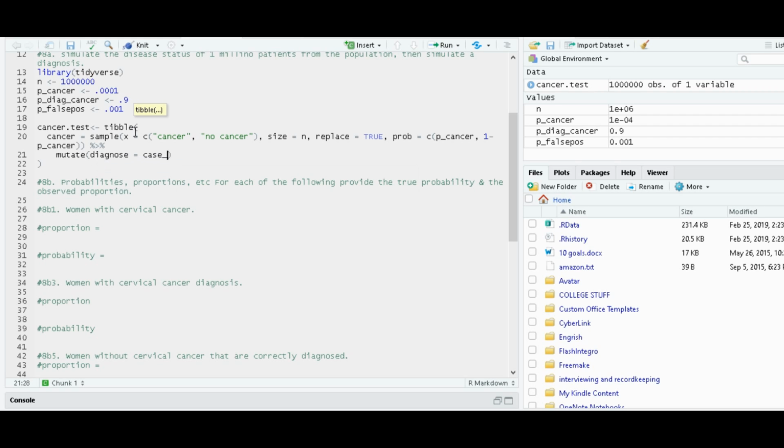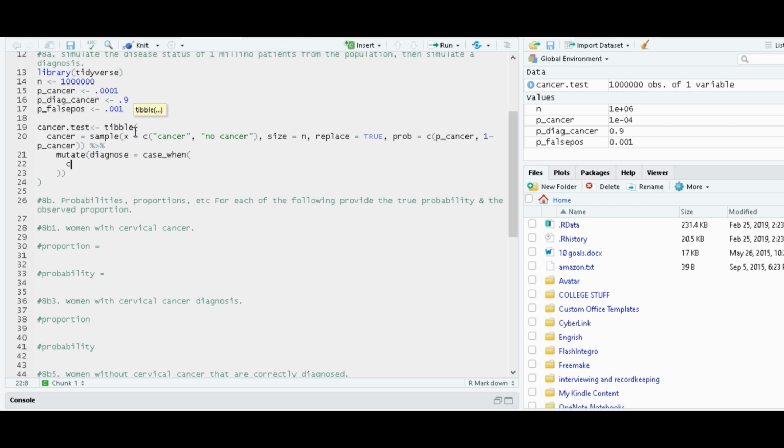For the diagnosis, you can either get diagnosed if you have cancer and then if you don't have cancer. So this is going to be equal to cancer, and you'll be diagnosed by the sample combination. You can either get a positive or a negative result.